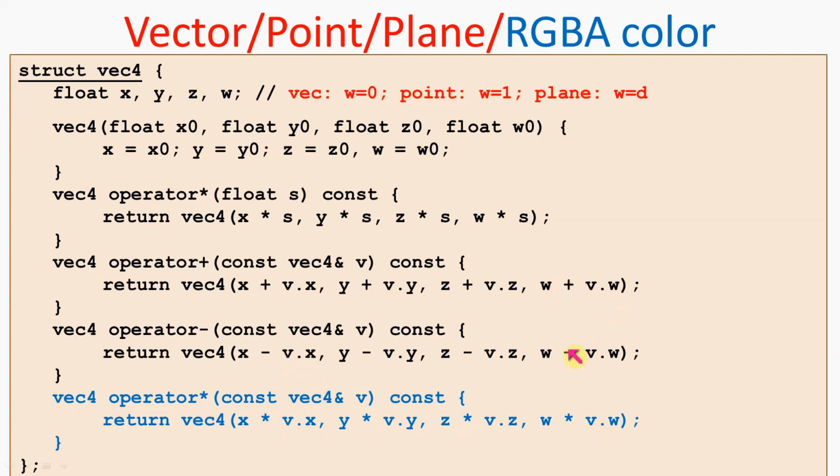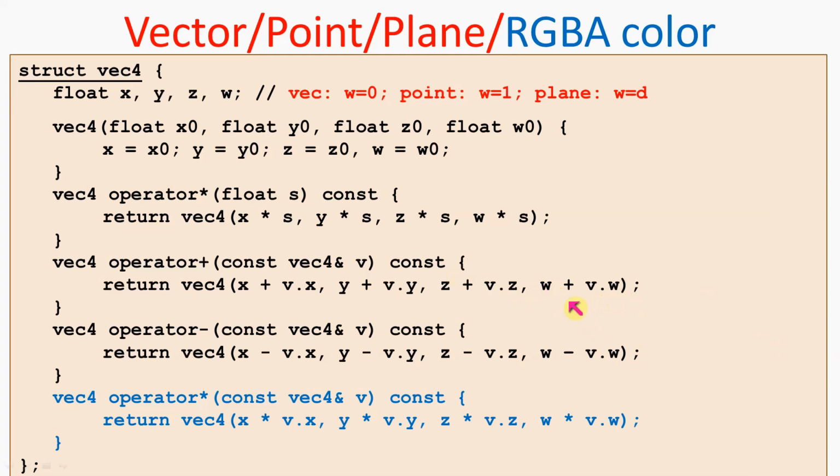Note that addition and subtraction even show the type of the result. So, for example, when we add two vectors, the w coordinates are 0. In the result, the w coordinate will also be 0, so the addition of two vectors is also a vector.